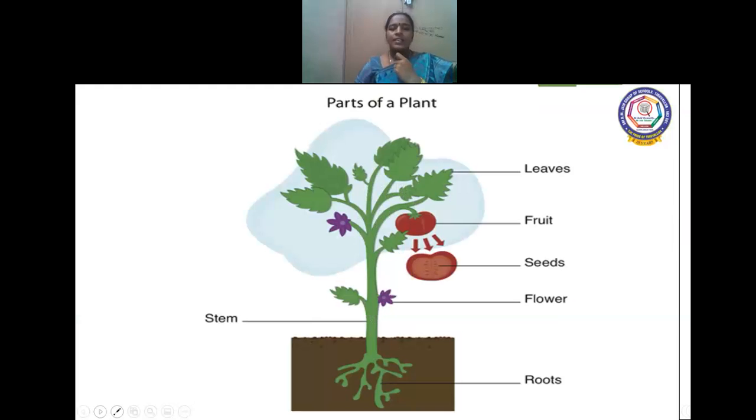Parts of a plant: stem, flower, seeds, fruits, leaves, and roots.